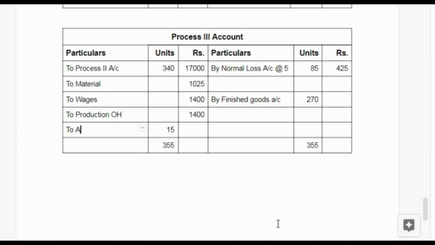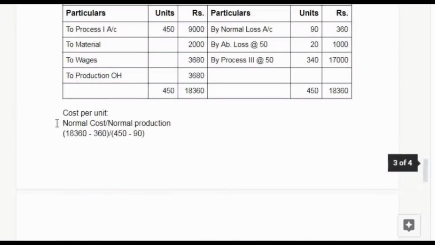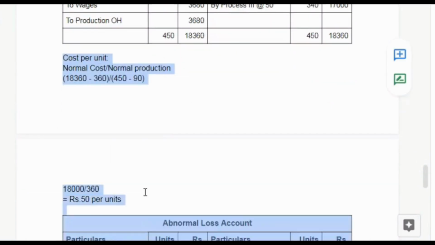Okay, abnormal gain is what you have. Now how to calculate the cost of abnormal gain and the finished goods? Both will have the same amount per unit, but it needs to be calculated. How is it to be calculated? The formula remains the same as we calculated above.